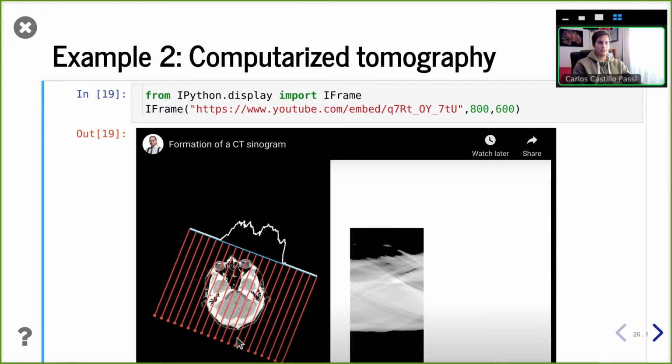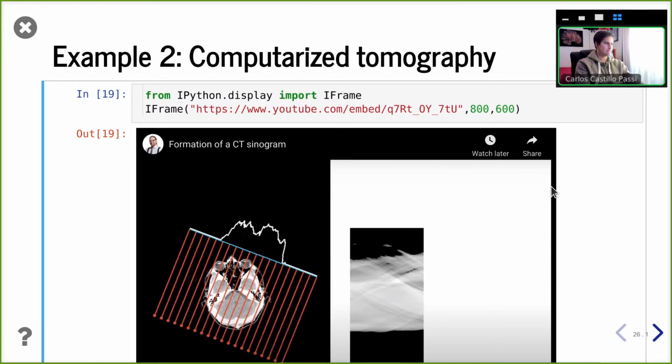If you have, for example, a body, here's a head with brains and eyes and everything. These red lines are X-rays. The X-rays have a path that goes through the body, and basically what it's doing is adding all the elements inside until it goes here.